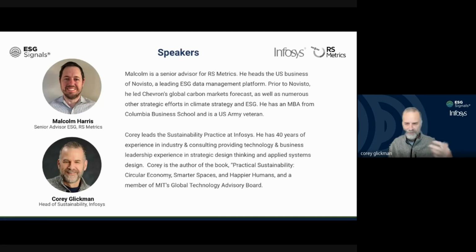It's not just, I'm looking for something, I'm reporting what's compulsory or regulatory to say something, but I can actually use that data to make decisions that will have impact. And this very much aligns to the Infosys story of being practical. We look for solutions using technologies that exist today that will help companies shorten their timelines towards their goals. So I think this will be a very good discussion today.